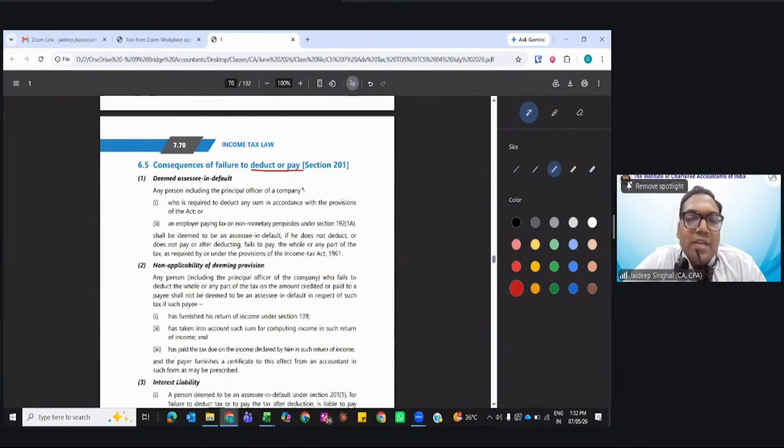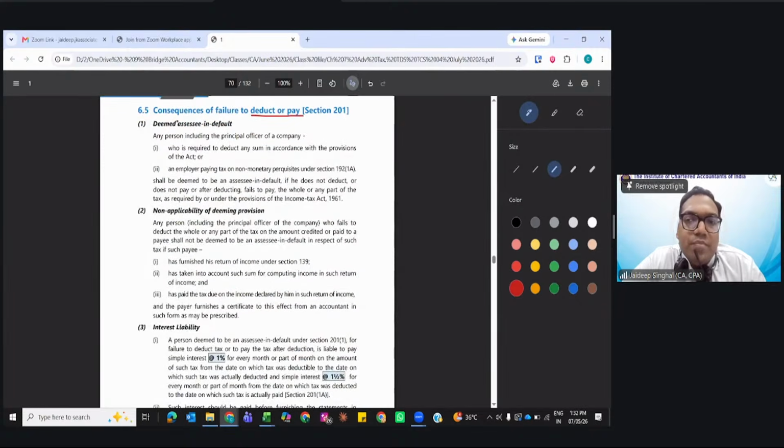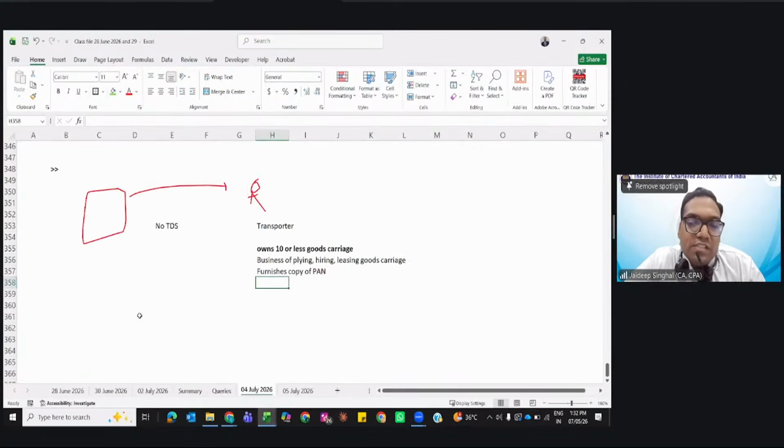Now, someone asked me yesterday, if I do not deduct, then I am treated as an assessee in default. If I do not deduct, or I deduct but do not pay, right? But if the other person pays, can I be relieved of the liability? We discussed yesterday.